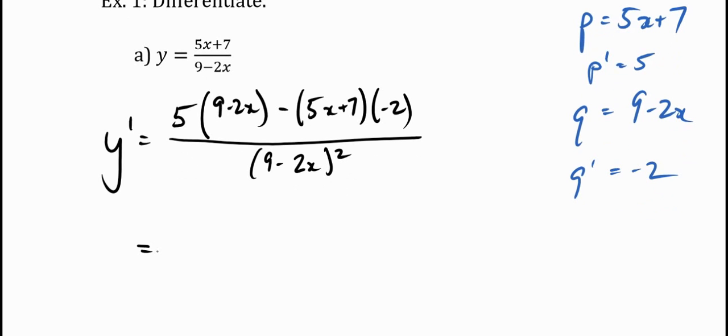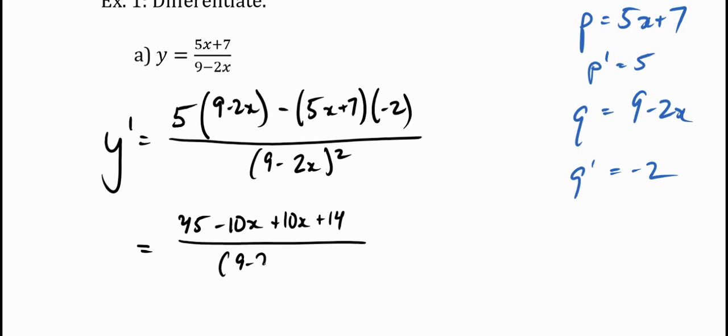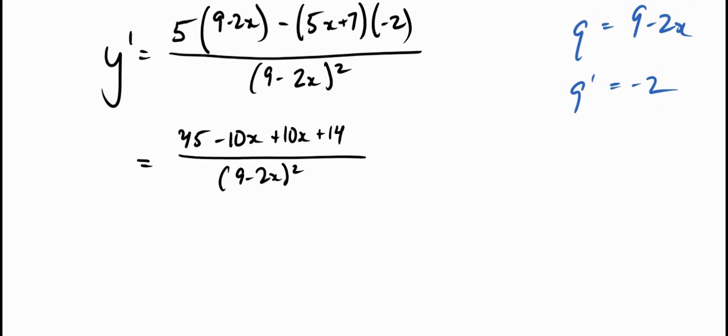We're going to expand the top. 5 times 9 is 45 minus 10x. And then 5x times negative 2 is negative 10x, but I've got the minus sign, so that becomes plus 10x. 7 times negative 2 is negative 14, so plus 14. 45 plus 14 is 59.